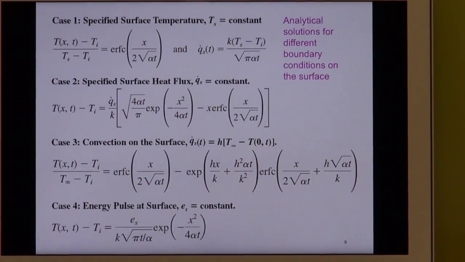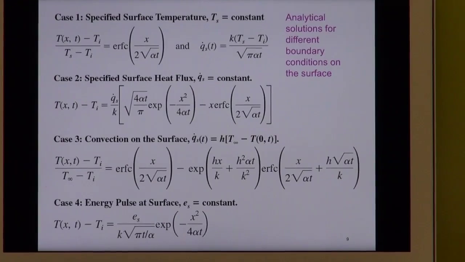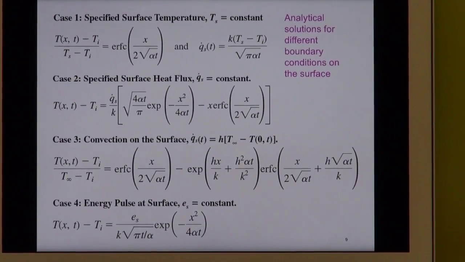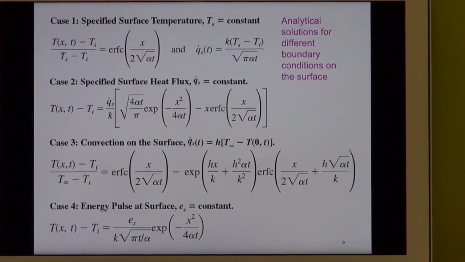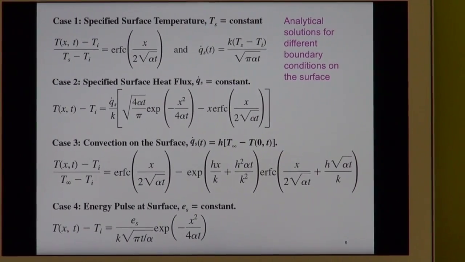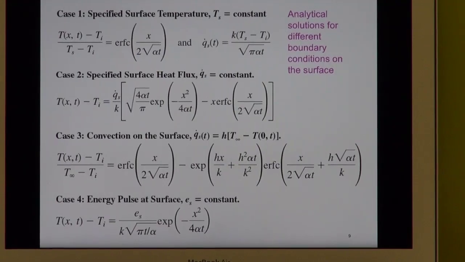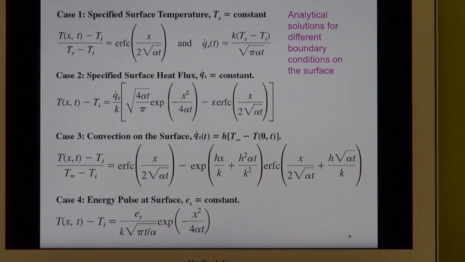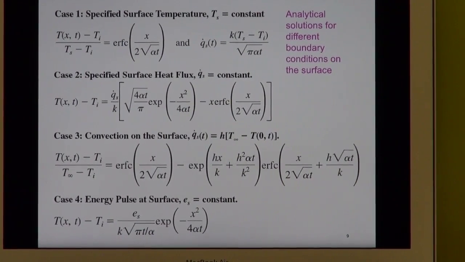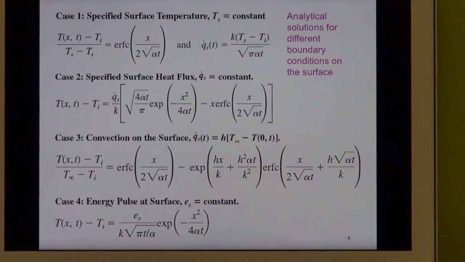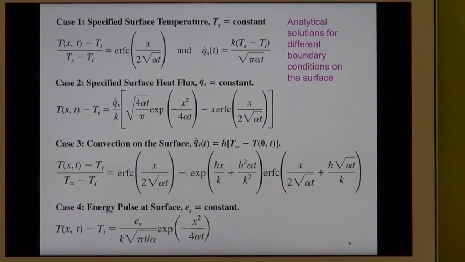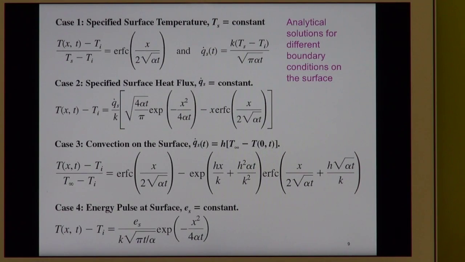Okay? The second one is where the heat flux is constant on the surface. So that would be on the surface where maybe you have a heater, and you know you're heating the surface at 1 kilowatt per square meter. Or it can be the radiation from the sun, maybe 1,000 watts per square meter. Okay, so that would be that solution.